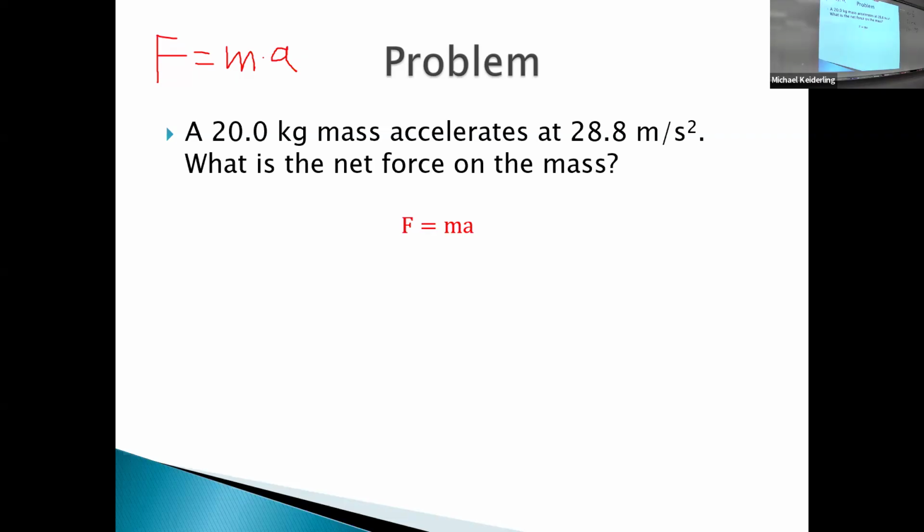So force equals mass times acceleration. We know the acceleration. We know the mass. So mass is 20 kilograms. 20 kilograms times 28.8 meters per second squared gives us 576 newtons. That's the force required to accelerate a 20 kilogram mass at 28.8 meters per second squared. So the total force or the net force on this object is 576 newtons.